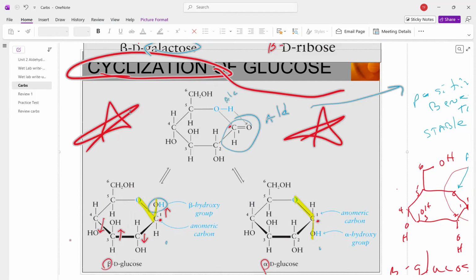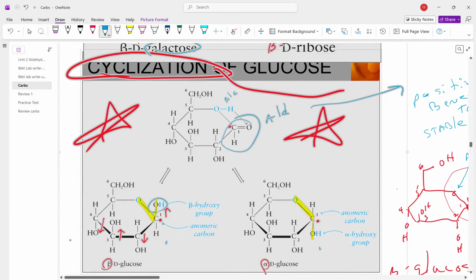Now, this is a hexose, a 6-sided heterocyclic sugar. The 5-sided ones do the same thing, like fructose, for example. Now, a couple things. When this opens up and then closes back down, the anomeric carbon hydroxyl group can be either up or down.